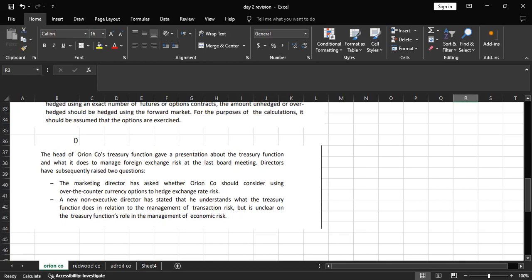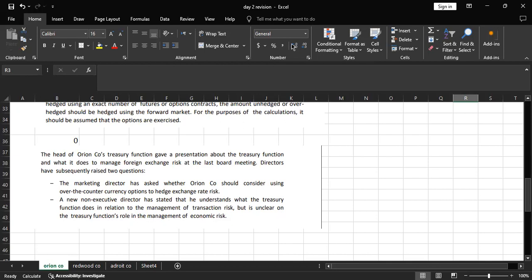You know that, guys, options can be exchange traded as well as over-the-counter. The options provided to you are exchange traded. But the examiner is saying the marketing director is asking whether the company should use over-the-counter currency options to hedge the risk. And a new non-executive director has stated that he understands what the treasury function does in relation to the management of transaction risk.